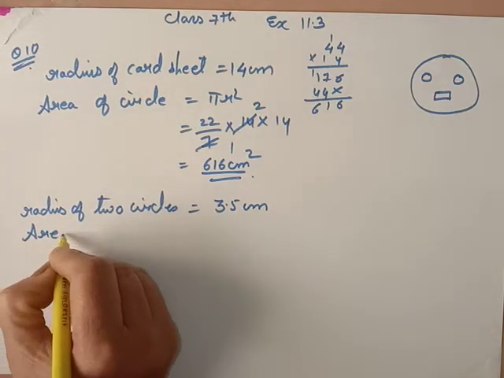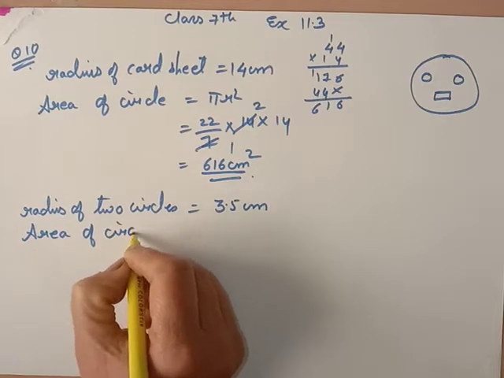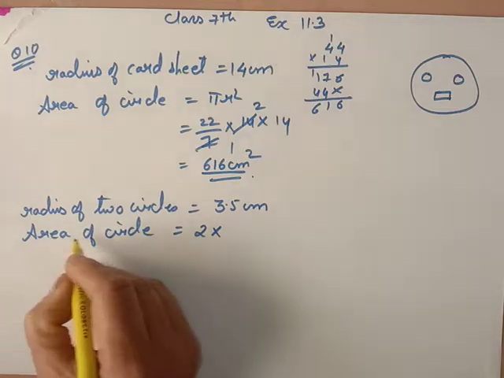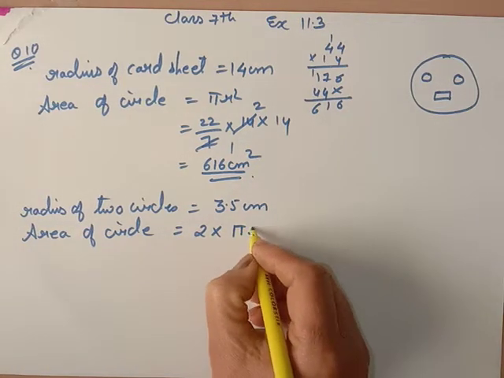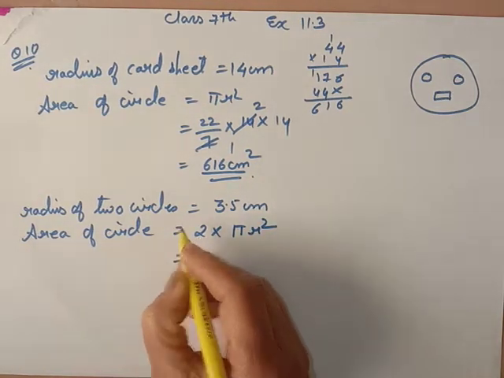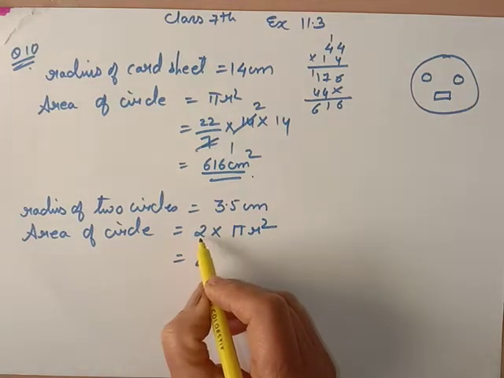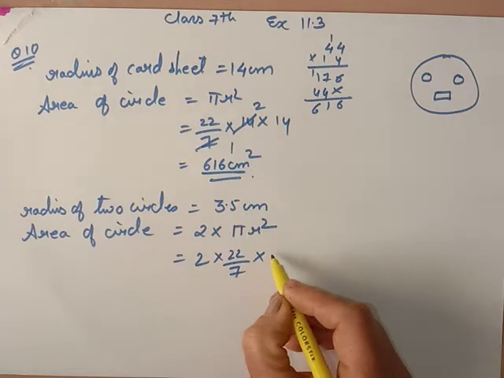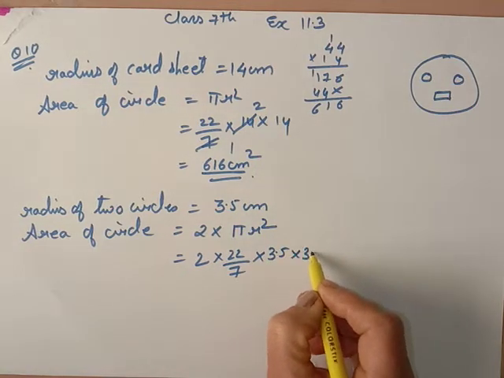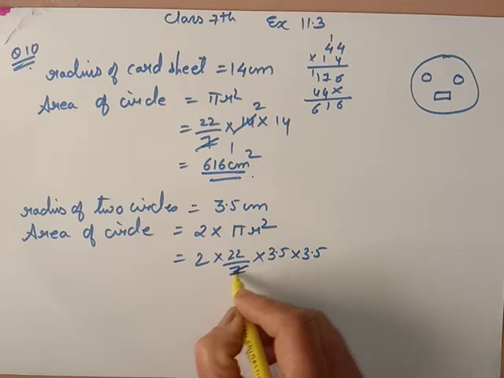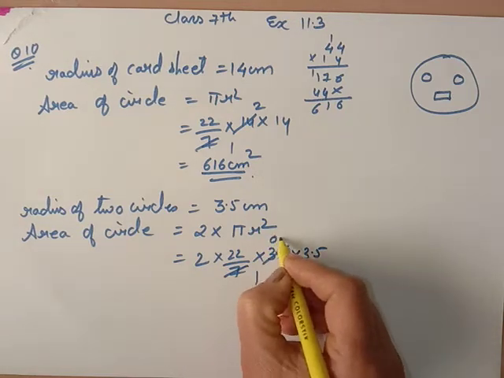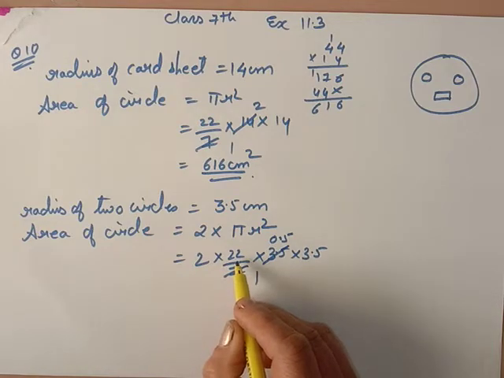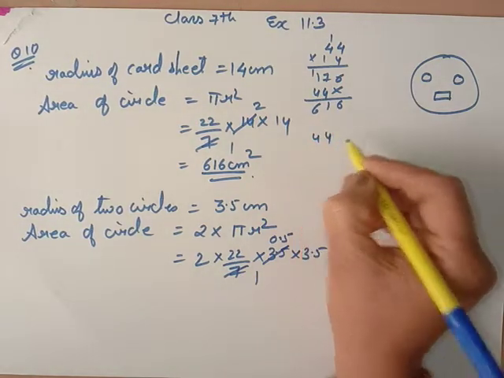So we can remove the area of the circles. Two circles, so I will multiply 2 into the area of a circle, pi r square. 2 because there are 2 circles, that is why I am multiplying 2 into pi's value 22 upon 7 and radius is given 3.5 into 3.5. I'm cancelling 7 ones are 7, so 0.5 will become. Now multiply 2 into 22, 44.